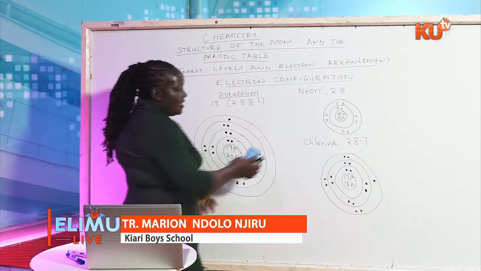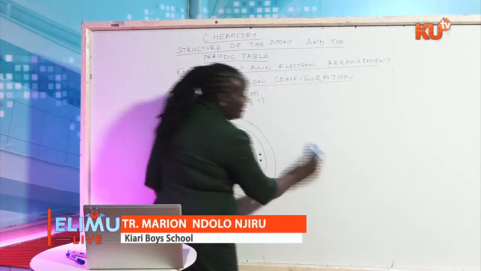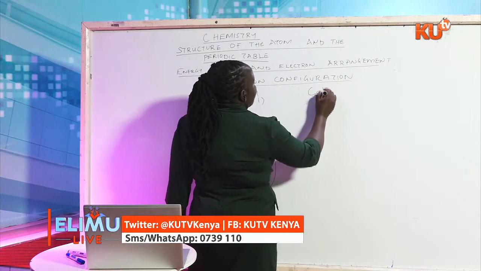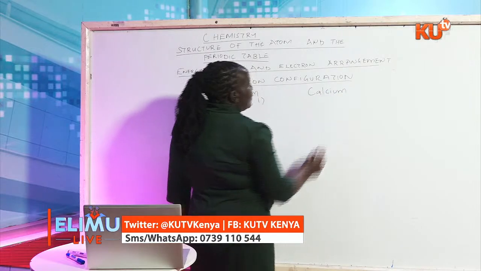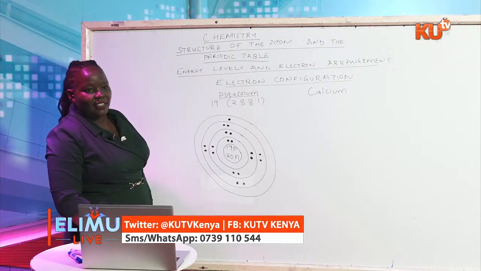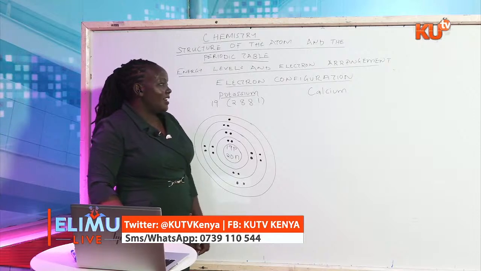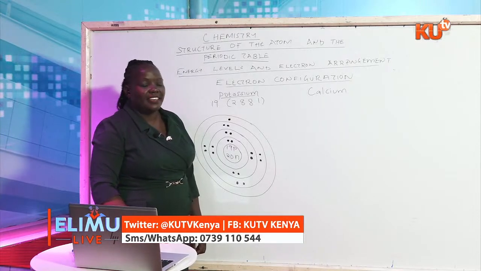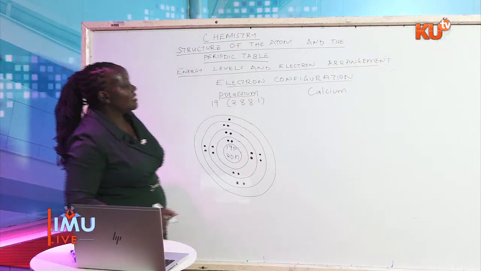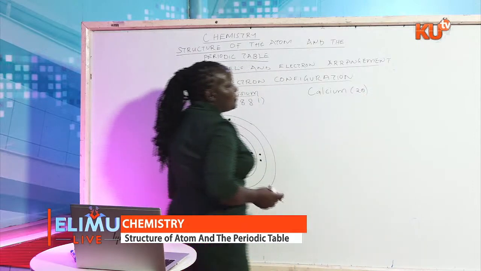The last example that we are looking at is calcium. Calcium is atomic number 20, so it has 20 electrons, which are going to be distributed as follows.